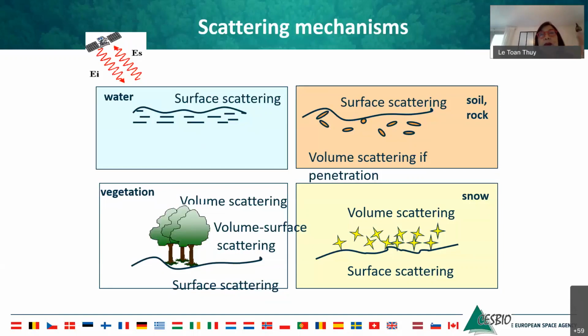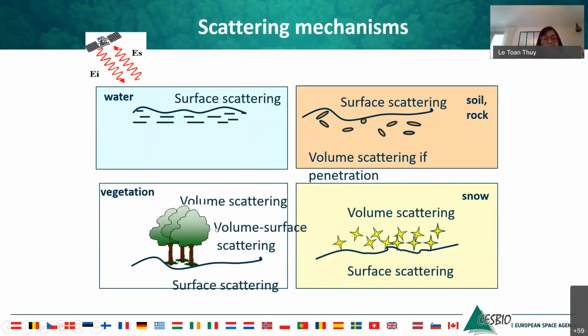The P-band is 7 centimeters wavelength, and depending on the amount of water in the desert sand, it could penetrate 7 meters inside. There will be an experiment with airborne P-band SAR to assess the penetration.